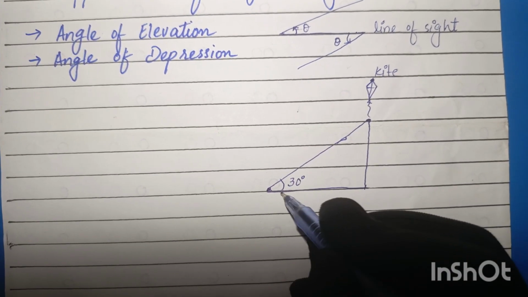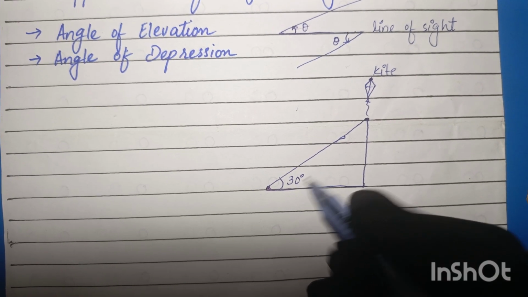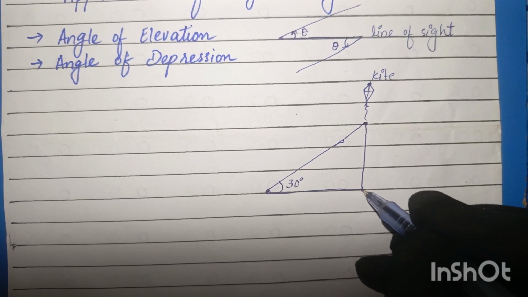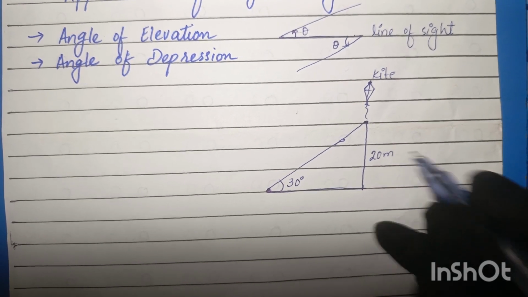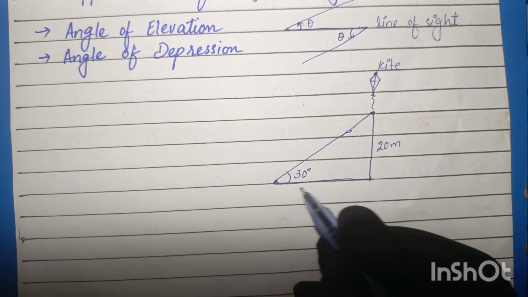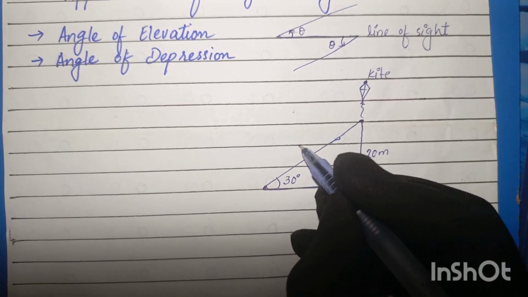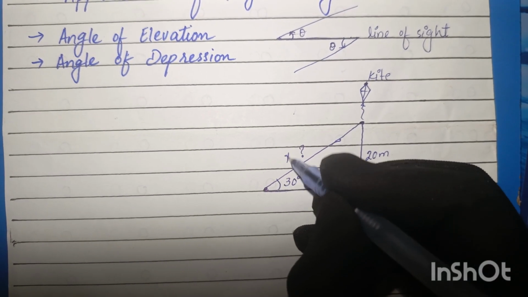And since this angle is above the line of sight, it is known as angle of elevation. And the distance of the kite from the floor is 20 meter, and we have to find the distance between the kite and the person.